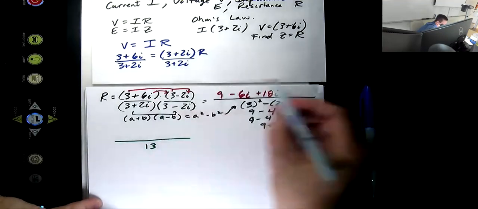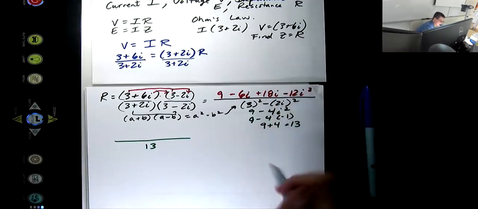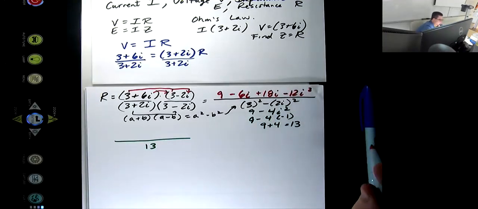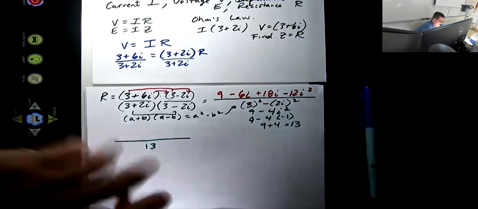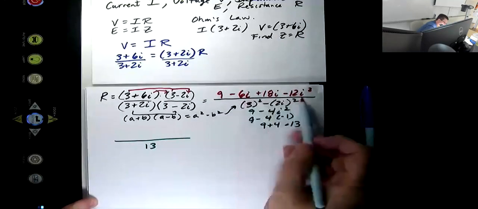And 6i times negative 2i is negative 12i squared. All right, so we can gather like terms.